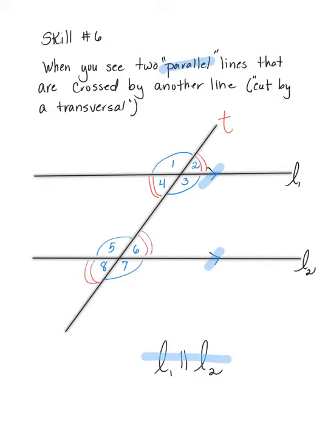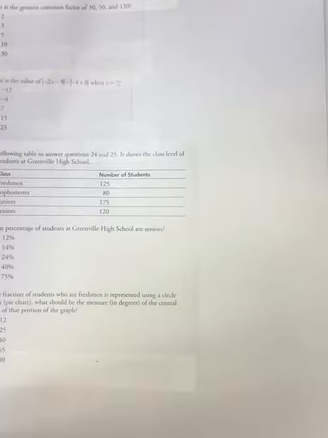So my 4 angles that I have marked in red, which I purposely labeled as the even angles, 2, 4, 6, and 8, are going to all have the same measure. And then 1, 3, 5, and 7 are going to all have the same measure. Okay, that will work, but only when the lines are parallel. If the lines aren't parallel, then those equal relationships do not exist.